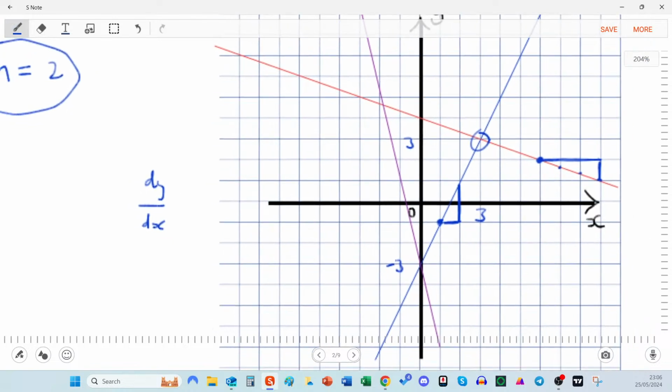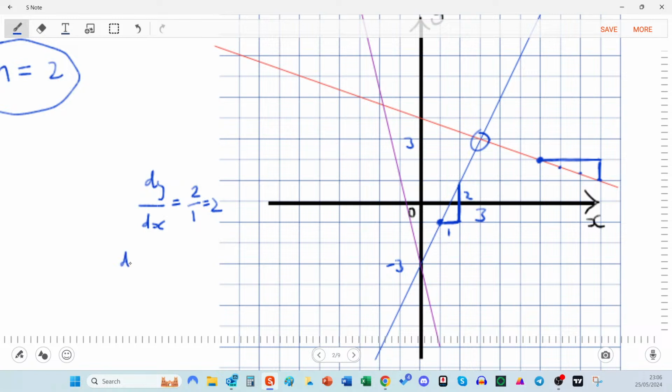Looking at the first gradient that we did, that we drew a triangle for that connected the 2 whole points, it had a difference in y of 2, it went up 2, positive 2, and it went across 1. So that was the difference in x. So this gradient would have been 2 divided by 1, which was 2. That's good, we knew it was 2.